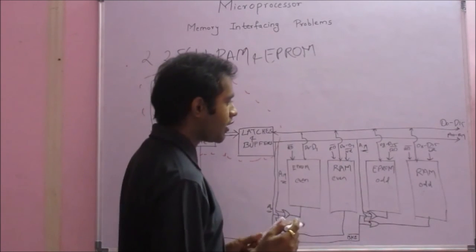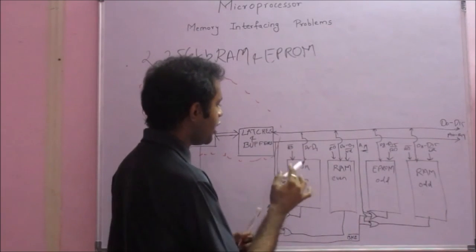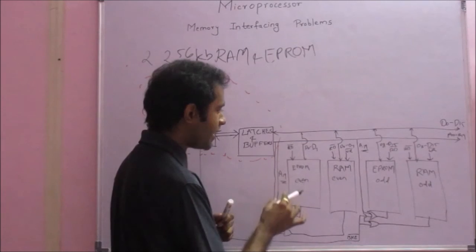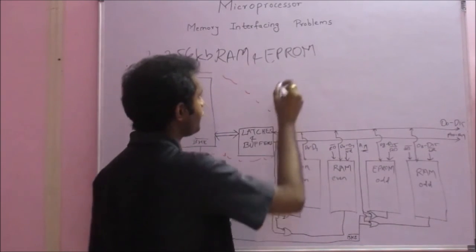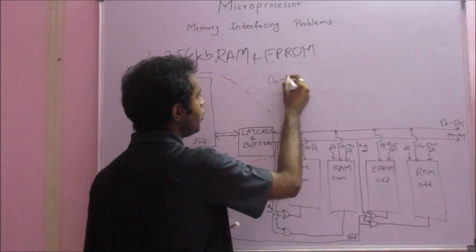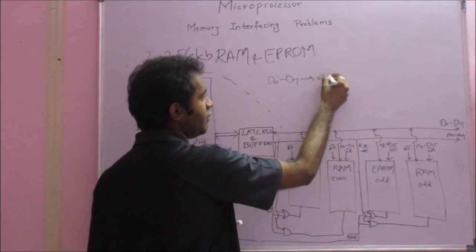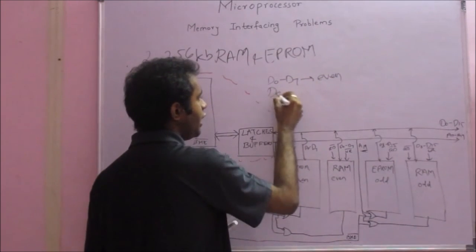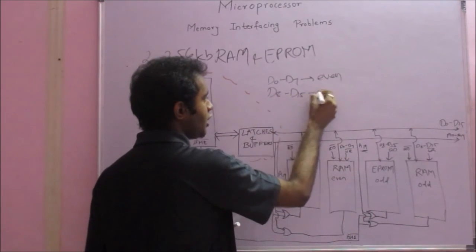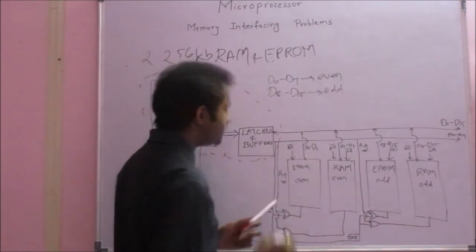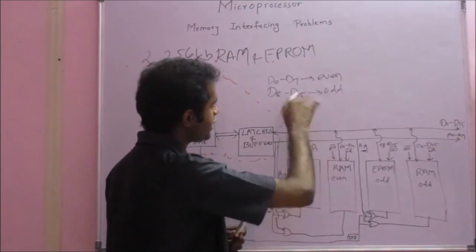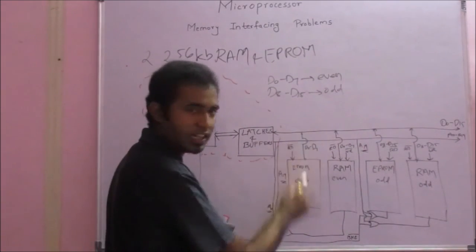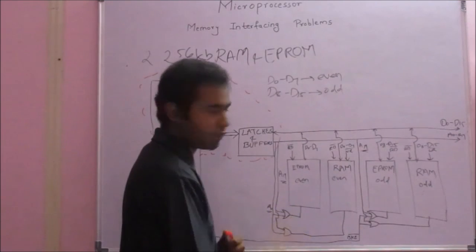You all know that the even banks have data lines D0 to D7. I'll write it here: D0 to D7 connected to even, and D8 to D15 connected to odd. This is very important. So always remember this, because in this fashion you will connect the data lines to the memory devices.